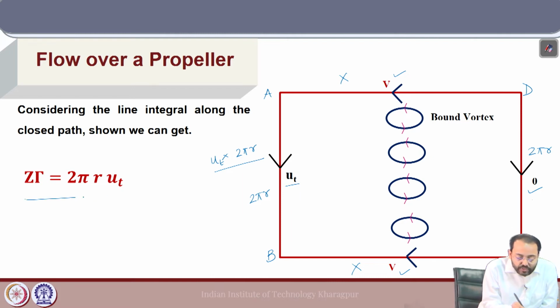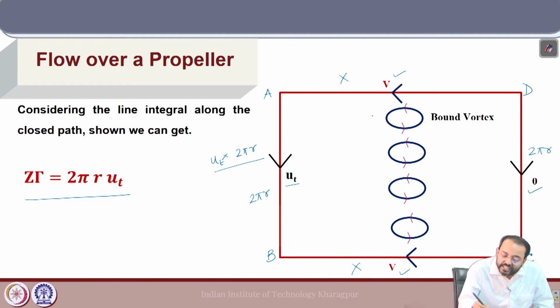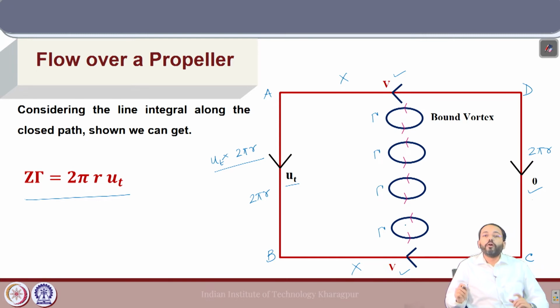This is what is given in this particular equation. Now, what is that equal to? That is equal to gamma, the circulation around each blade. Z is the blade number. The propeller has Z number of blades. So, the entire circulation created by Z number of bound vortices is Z times gamma.